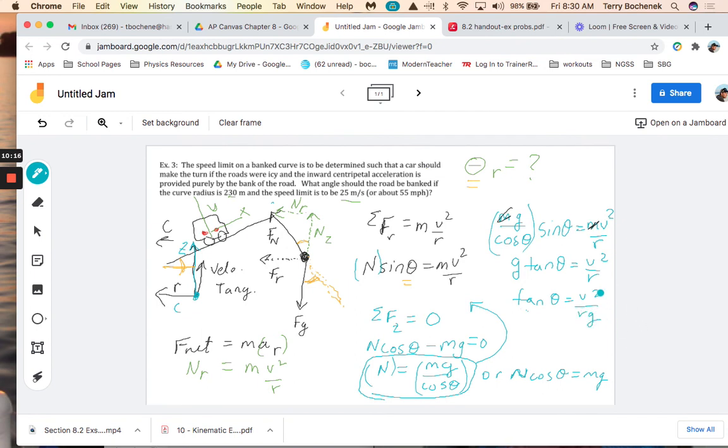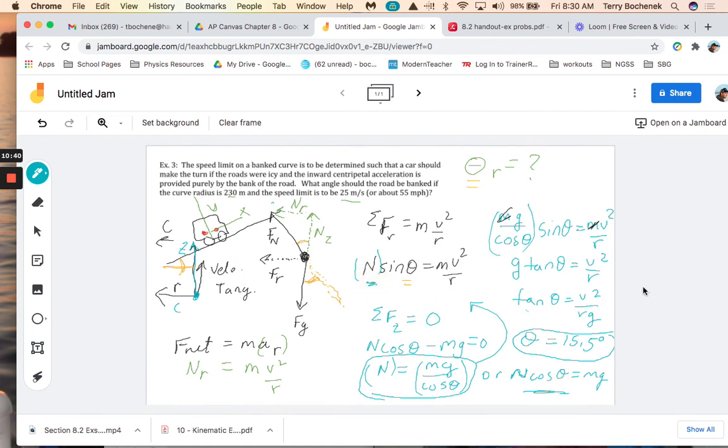And if you plug in the values and do an inverse tangent, you should get a theta of 15.5 degrees. You could have gone to this step and plugged things in, but I think it makes life a little shorter and easier if we do it by plugging in the mg over cos theta right there for the n.